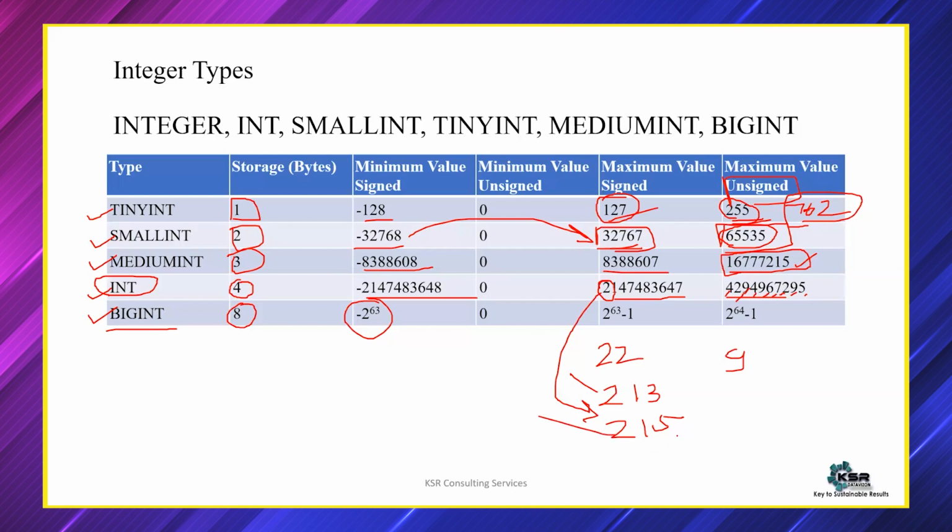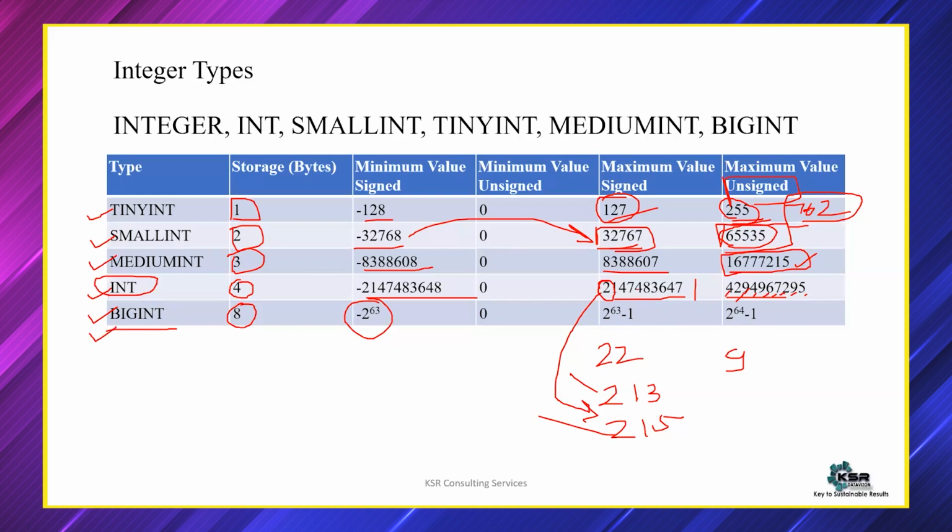In case the usage is so much, instead of thinking so much about which one I should be using, I should directly jump into big int, it will cover the entire thing, right? Yes, by default most of the time integer is used, but if you're using a mobile number specifically, always go with big int.